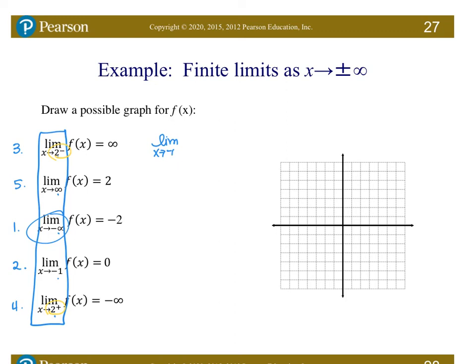And so I'm going to do the limit as x approaches negative infinity of f of x, and that equals -2. That means that I have a horizontal asymptote. The negative infinity means horizontal, and -2. So I'm going to have a horizontal asymptote at -2.